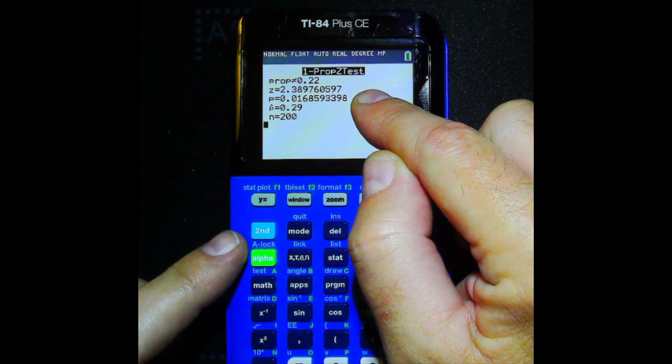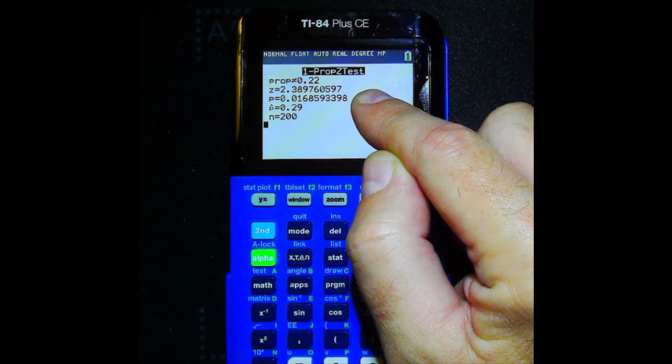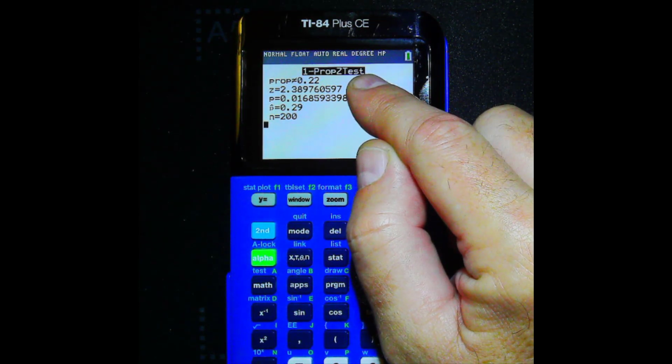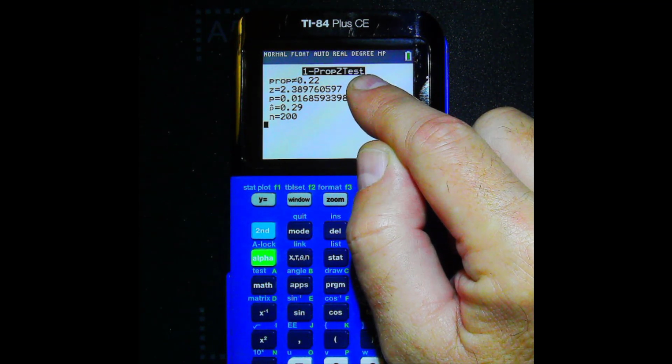You can see then that the p-value is 0.0168. The z-score was 2.389. It follows then that we fail to reject the null hypothesis.